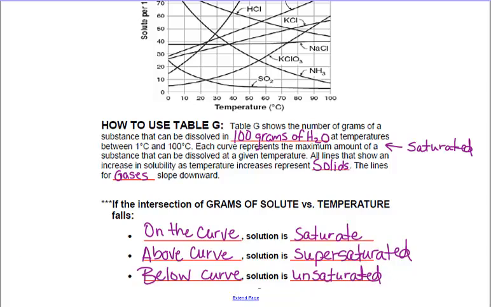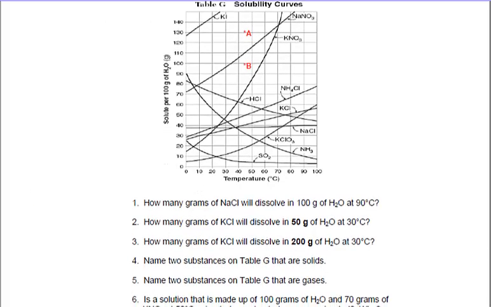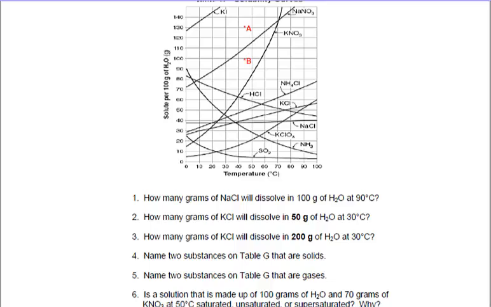All right, so continuing on, let's look at some examples. Let's use Table G to answer some questions related to solubility. The first question says, how many grams of sodium chloride will dissolve in 100 grams of water at 90 degrees? Remember, this is 100 grams. If I doubled the mass of the water, then I'd have to double the amount of solute. Let's look for the curve for sodium chloride, which is right here.